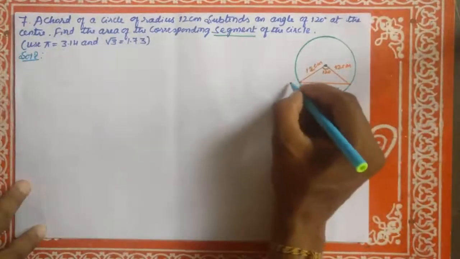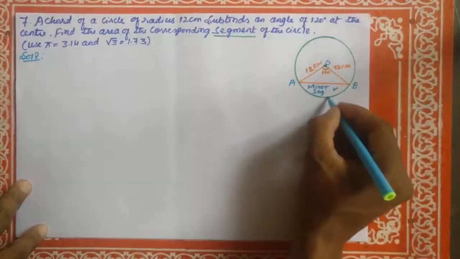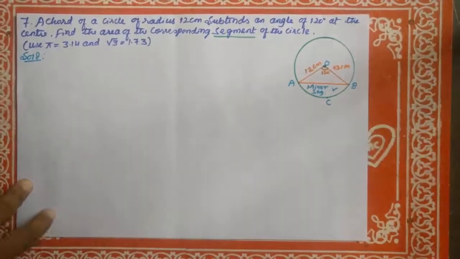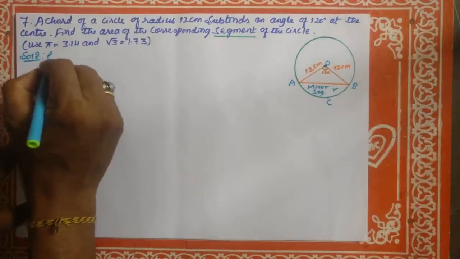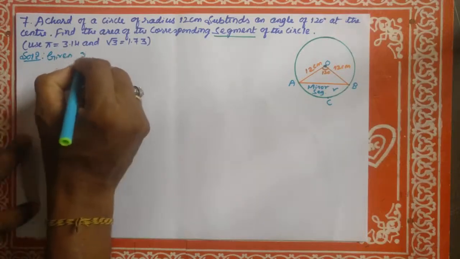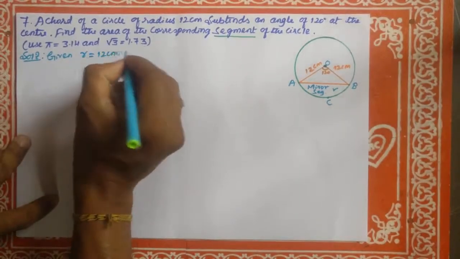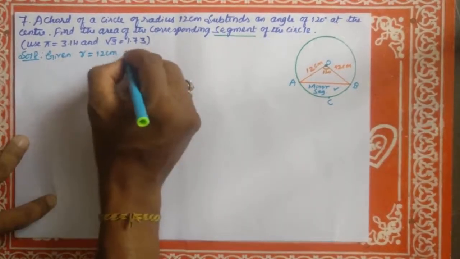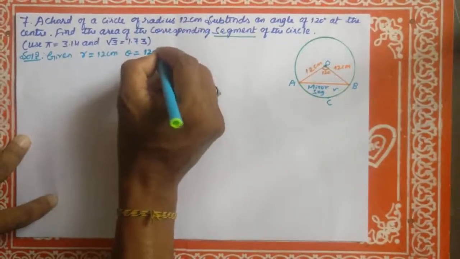Solution. I will mention the names A, B. O is the center of this circle and this is C. Given radius is equal to 12 centimeter and angle theta is equal to 120 degree.